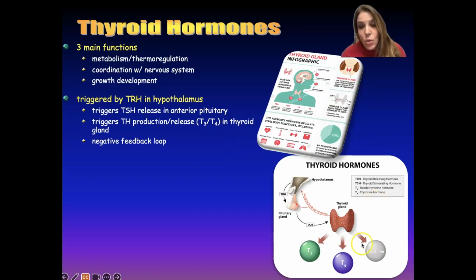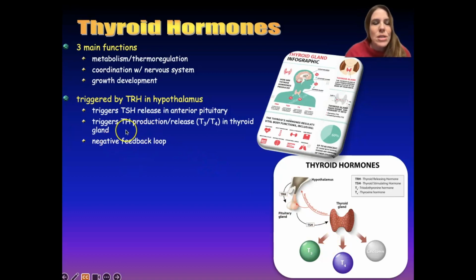Now, there's that other hormone we mentioned also produced by the thyroid gland, and that's calcitonin. That is produced by the parafollicular cells, whereas T3 and T4 are produced by the follicular cells. So we're not going to talk about calcitonin on this slide. We'll mention it in a little bit.